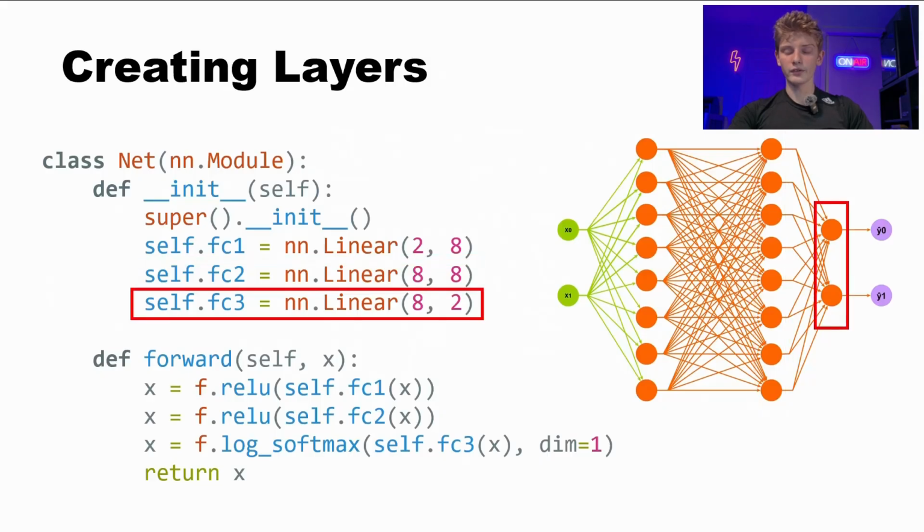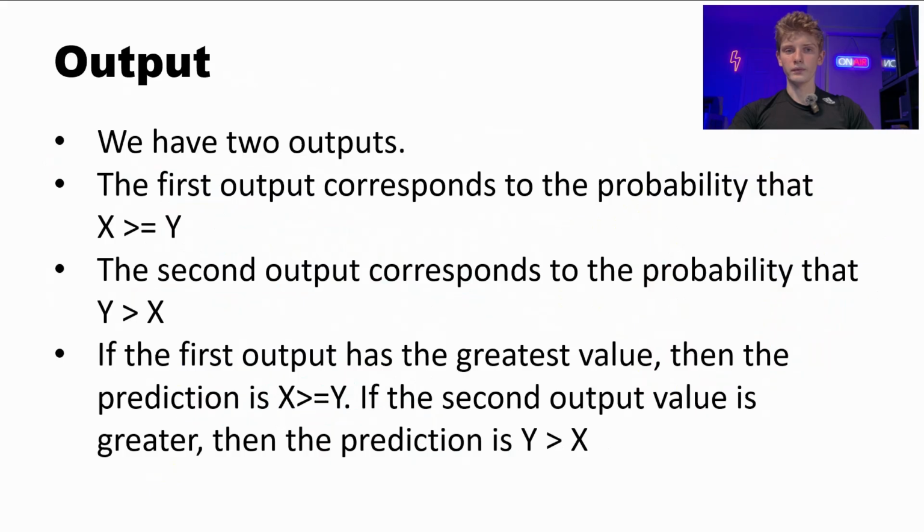And we set our last layer to have 8 inputs and 2 neurons, meaning that it will also have 2 outputs. Now, let's talk a little bit more about what the outputs of our neural network will actually mean. Just for this slide, let's call the 2 numbers that we're inputting into our neural network x and y.